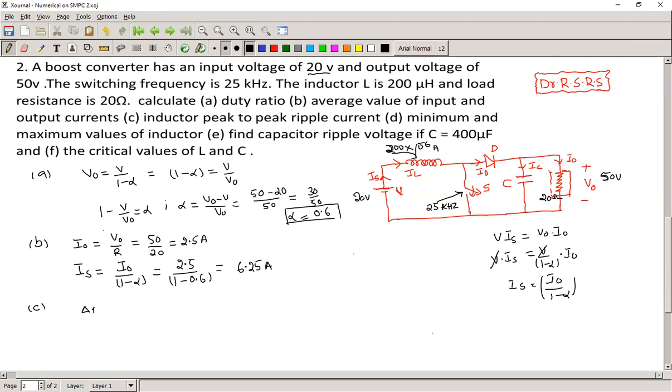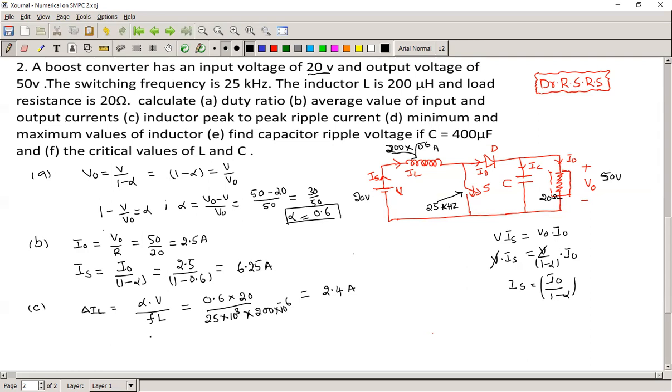The inductor ripple current delta IL equals alpha into V divided by F into L. Alpha was already calculated as 0.6. V is 20 volts, the switching frequency given in the problem is 25 kilohertz, converted to hertz, and the inductance is 200 micro henries. We get delta I equal to 2.4 amperes.